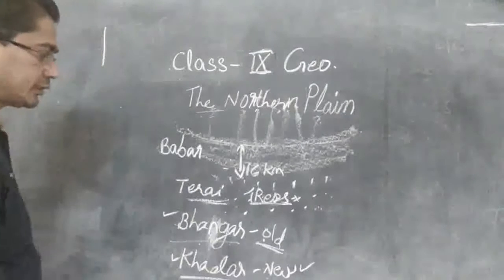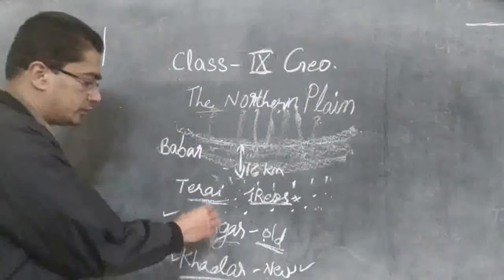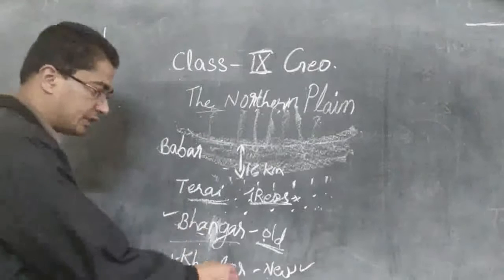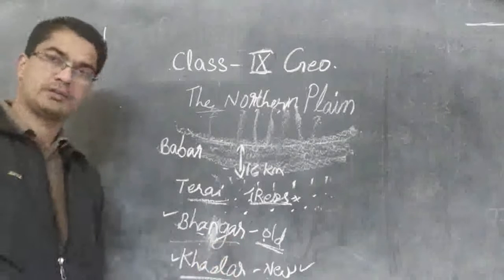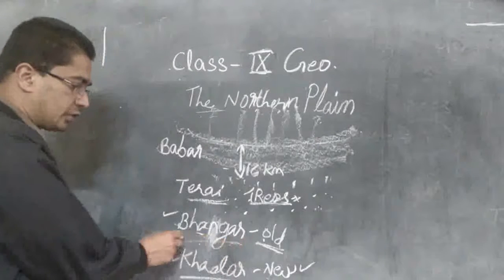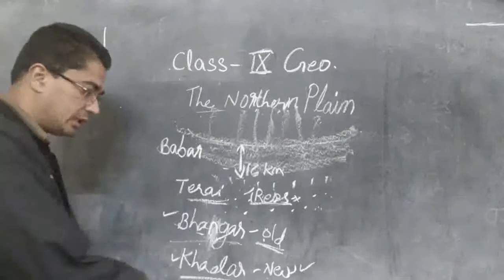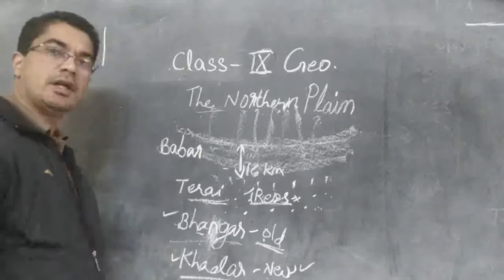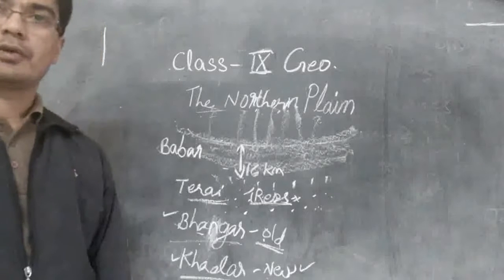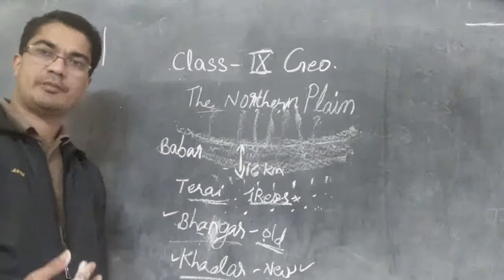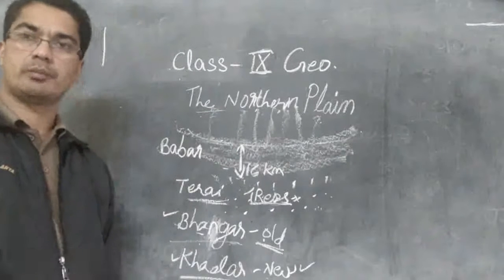Then we said about the two types of alluvial soil. One is new, another one is old. The old alluvial soil is known as Bangar, and the new alluvial soil is known as Khadar. And Khadar is good for cultivation. It contains a lot of chemical elements which help the growth of the plant.